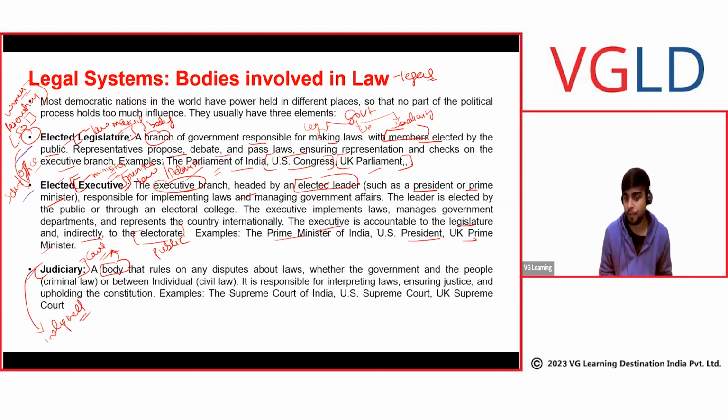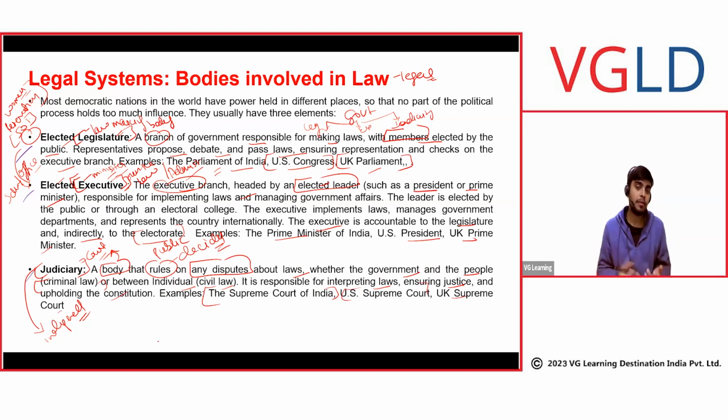I'll discuss how. It is a body that rules, which means decides, on any dispute: between the government and the people, like a criminal case, or between the people, that is a civil case. It is responsible for interpreting laws, ensuring justice, and upholding the constitution. Examples: Supreme Court of India, US Supreme Court, or UK Supreme Court.